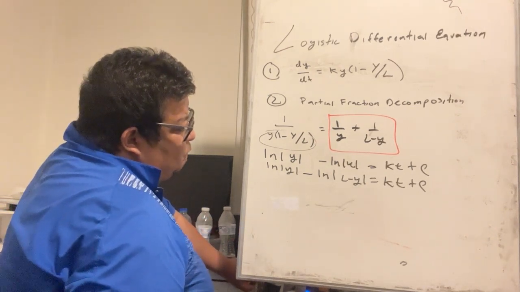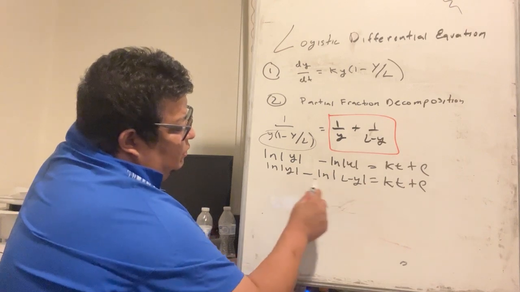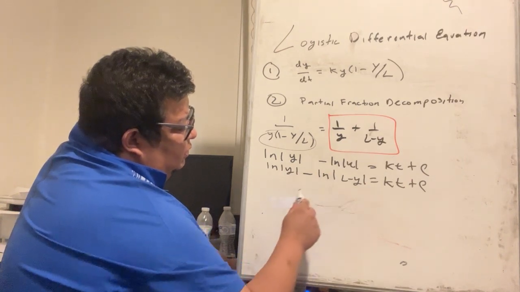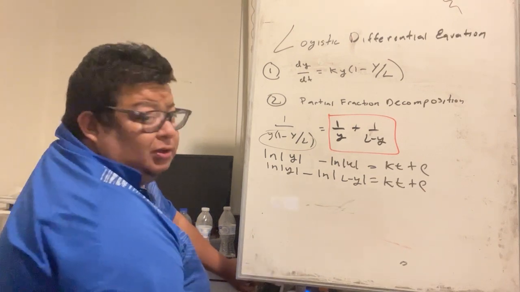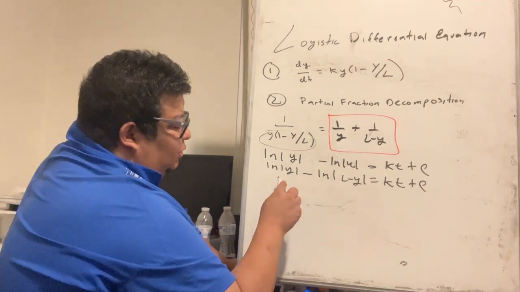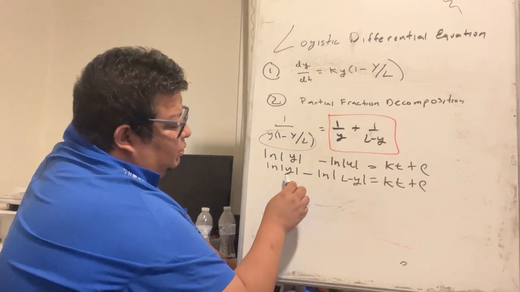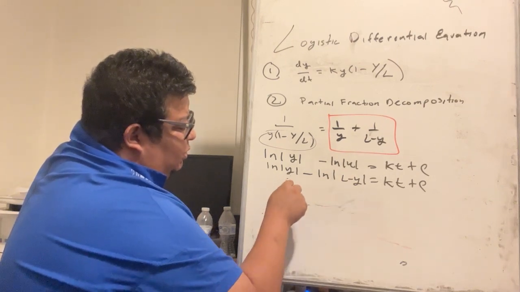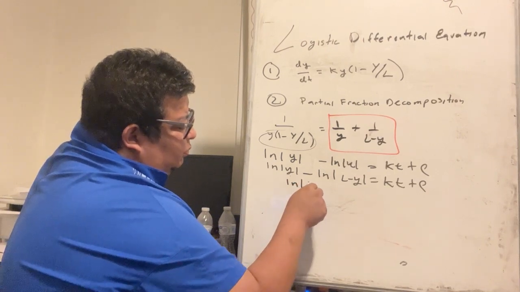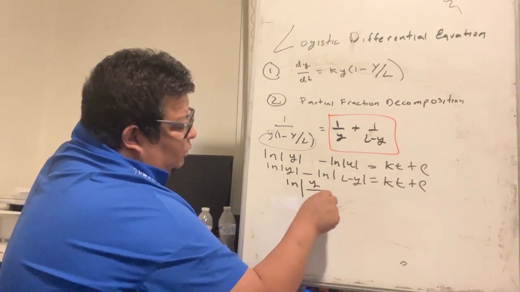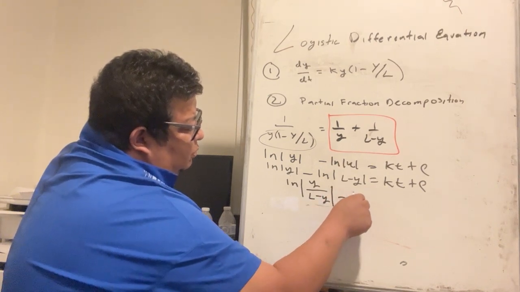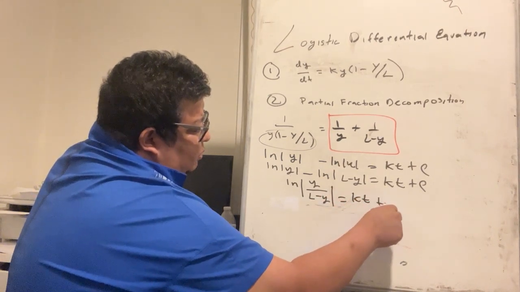Okay, so now let's combine these logarithms into one. The way we do it, a minus becomes a division, this gets divided by this, so this becomes ln of y over L minus y equal to kt plus c.